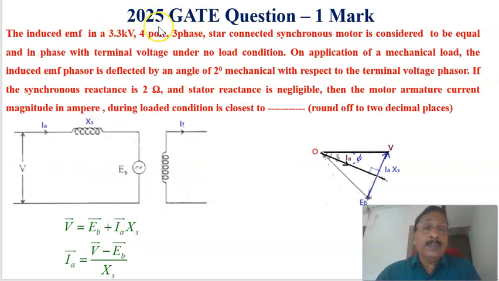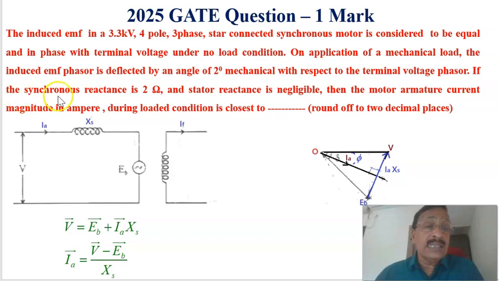Now let us see another problem, that is a 2025 GATE question that also carries 1 mark. The induced EMF in a 3.3 kV, 4-pole, 3-phase star-connected synchronous motor is considered to be equal and in phase with the terminal voltage under no load condition. On application of the mechanical load, the induced EMF phasor is deflected by an angle of 2 degrees mechanical with respect to the terminal voltage.